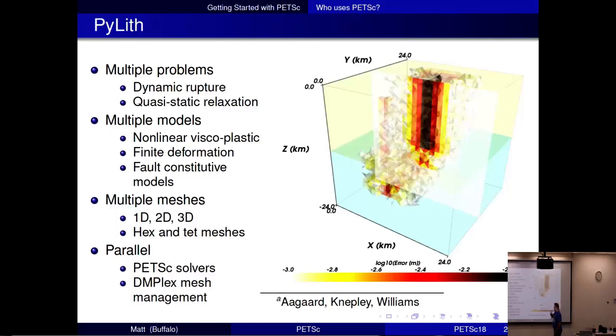And the thing that I am proud of is that the code inside that does the assembly of operators and residuals and Jacobians is mesh and dimension independent. So there is one routine that does it, but by changing the input, you can get all of those different problems together.